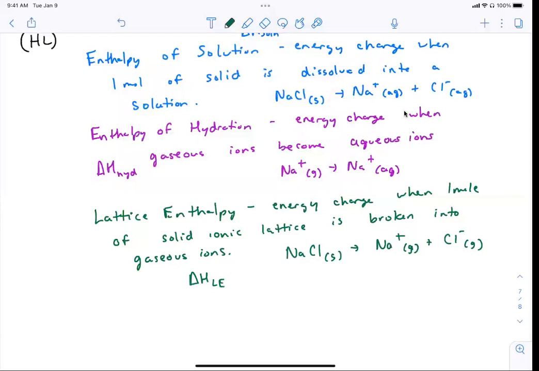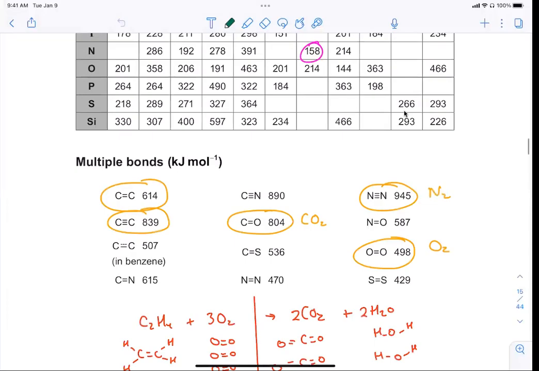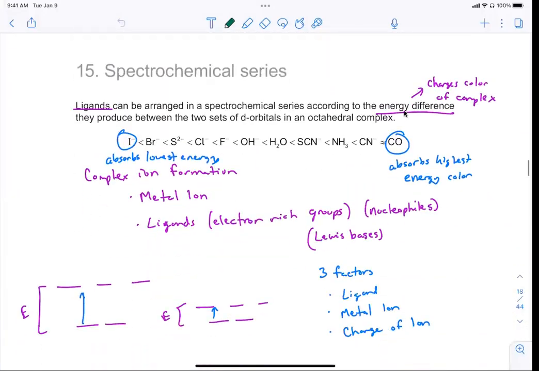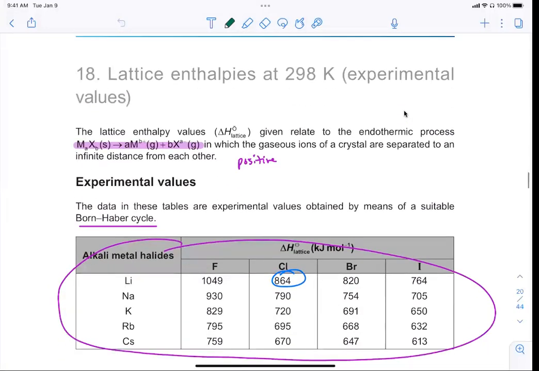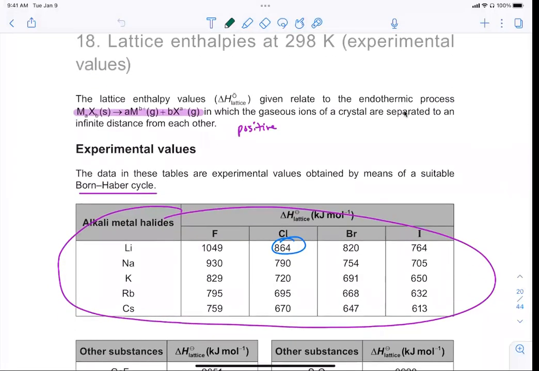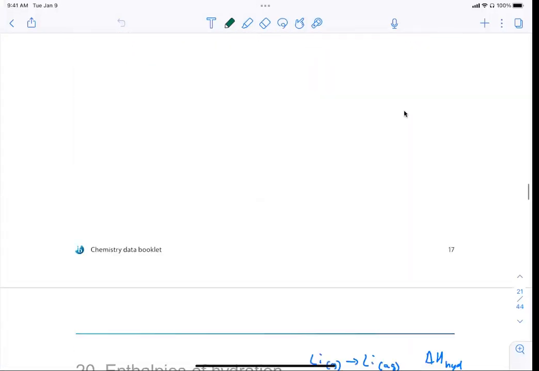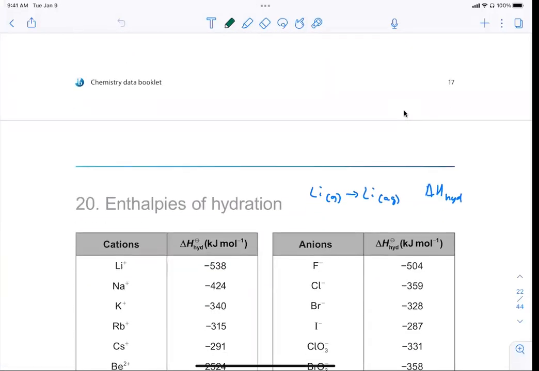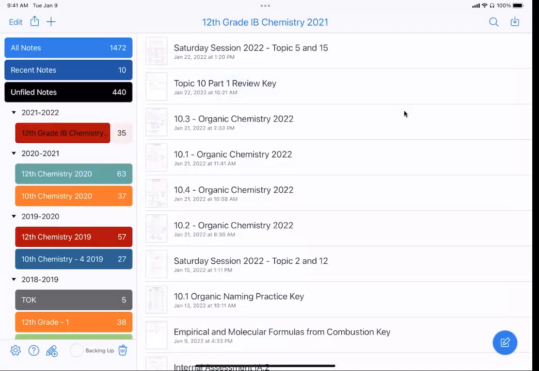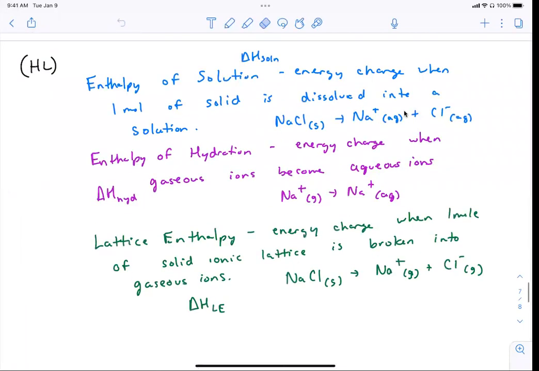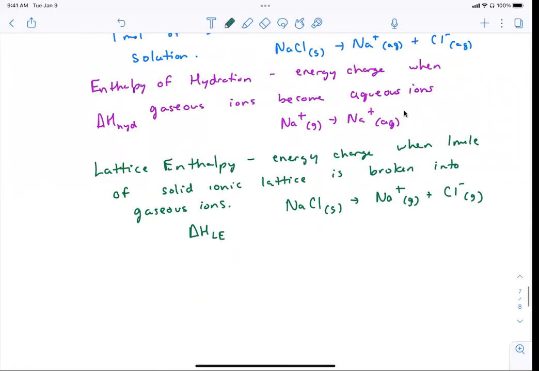Let me see what the IB data booklet says here. Oh, they call it delta H lattice, and they call it SOL, and then HYD for hydration. So this is HYD, this is SOL, and this is lattice.